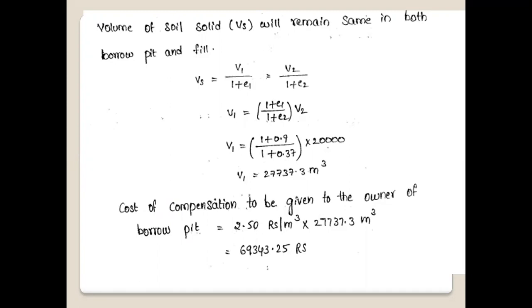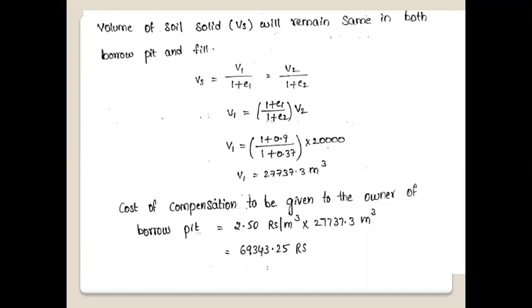Next one, cost of compensation to be given to the owner of the borrow pit. Here 2.5 rupees per cubic meter is given.